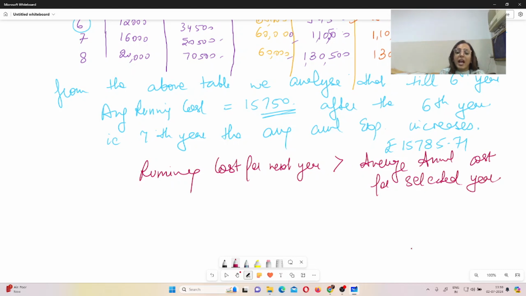The running cost for the next year is 16,000, and 16,000 is greater than the average annual cost for the selected year.